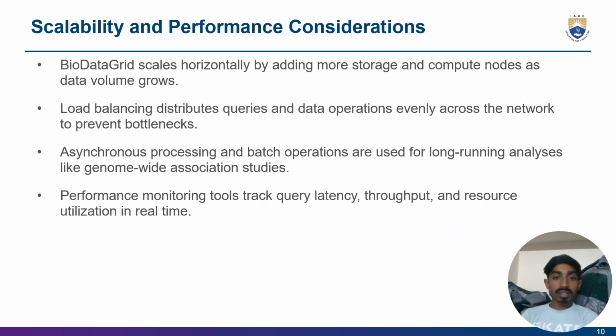Scalability and performance considerations. BioData Grid scales horizontally by adding more storage and compute nodes as data volume grows. Load balancing distributes queries and data operations evenly across the network to prevent bottlenecks.